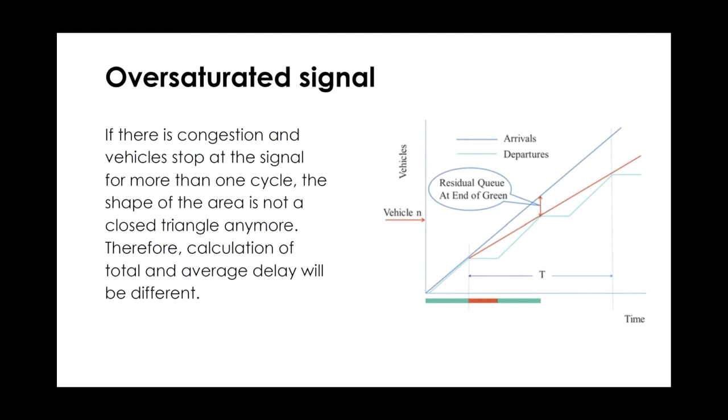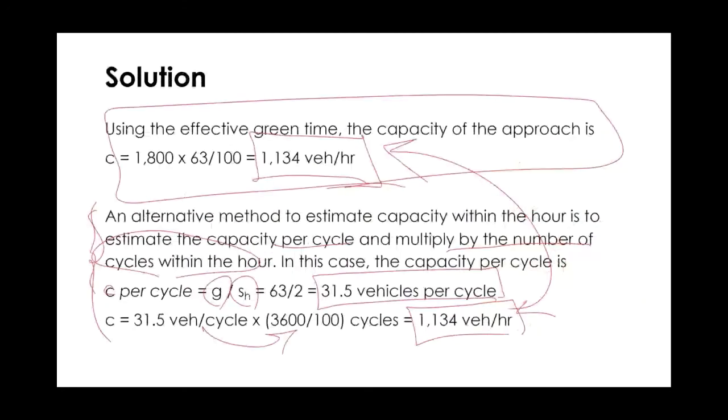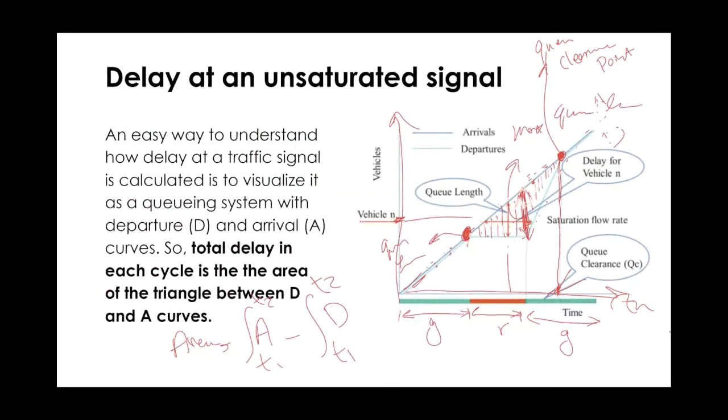We have two concepts here. One is called undersaturated signals and oversaturated signals. This example is a good example of undersaturated traffic signals. Why? Yes, it is, because the queue can dissipate before the end of the green time.